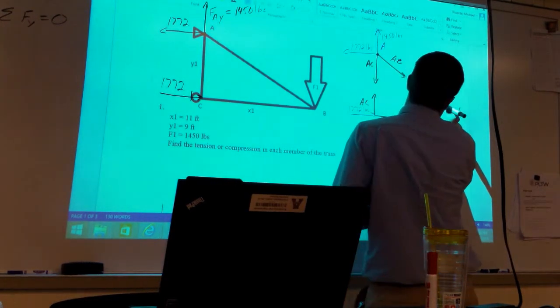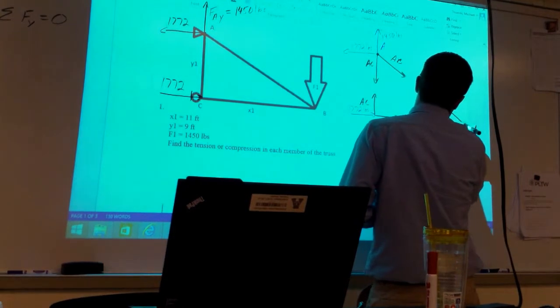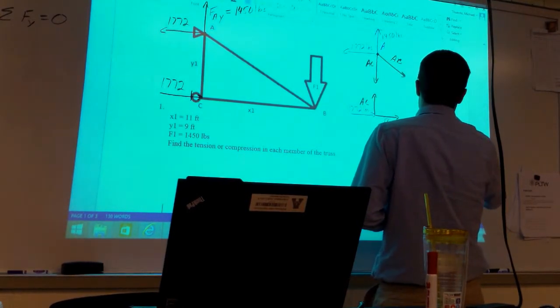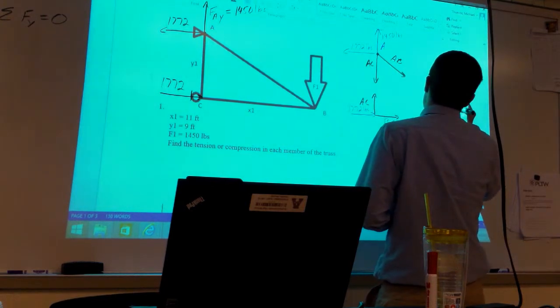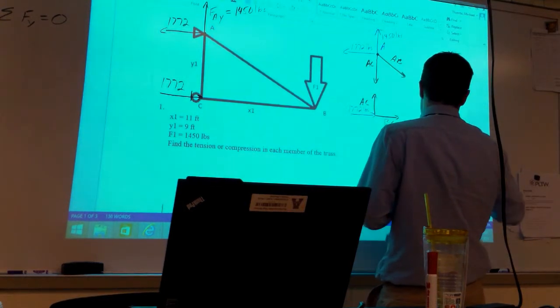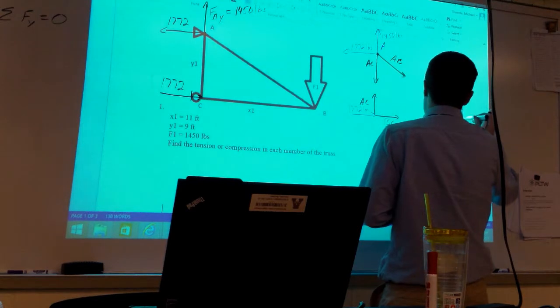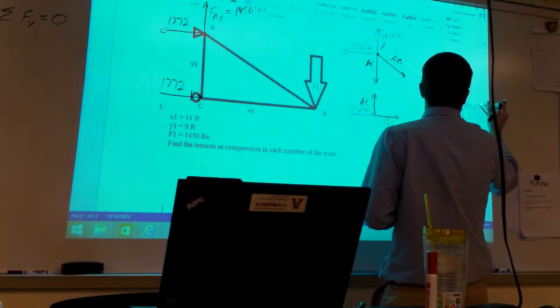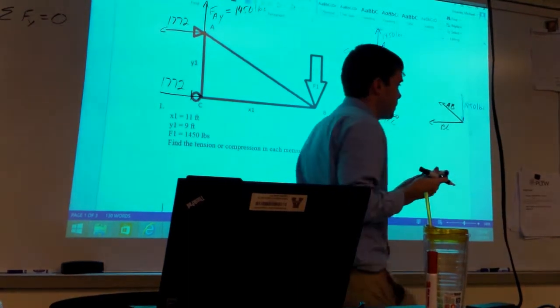Then that corner right there, this is going to be BC, this is going to be AB, and then we've got 1,450 pounds going down like that.